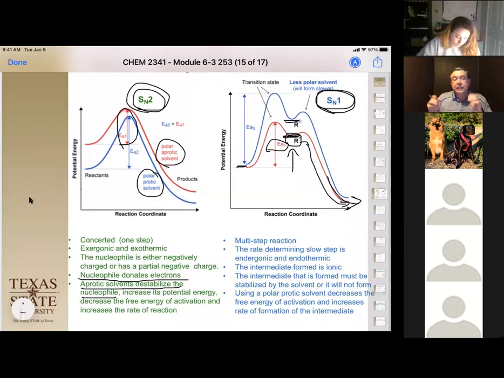In the case of Sn1, we almost always use polar protic solvents to decrease that activation energy. In a polar protic solvent, it makes it very easy to get that first activation energy. In a less polar solvent or a non-protic solvent, that energy barrier goes up. So we can tell a lot from our coordinate diagram on what's happening in the reaction. Questions on comparing Sn1 to Sn2?